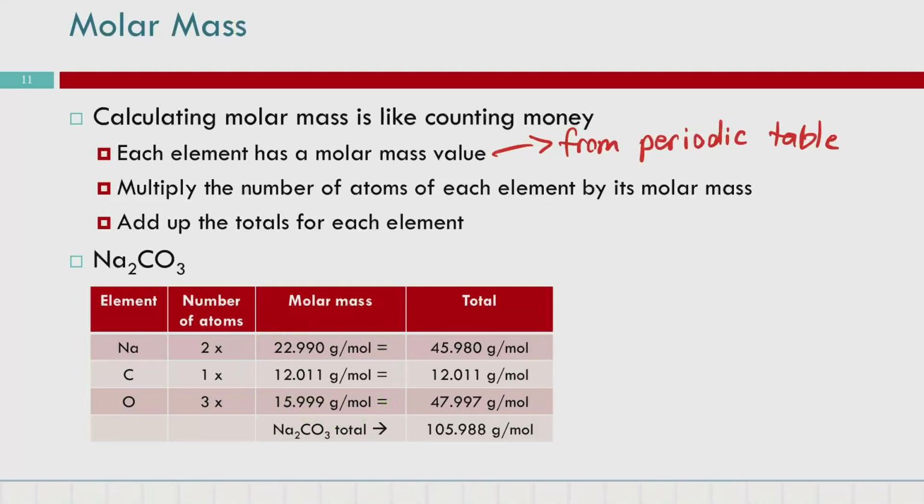We multiply the molar masses by the number of atoms. So for sodium, we had 2 times the molar mass of sodium to give us a total for sodium of 45.980 grams per mole. We do the same process for carbon and for oxygen, add all of those numbers up, and we get a relatively light 105.988 grams per mole.